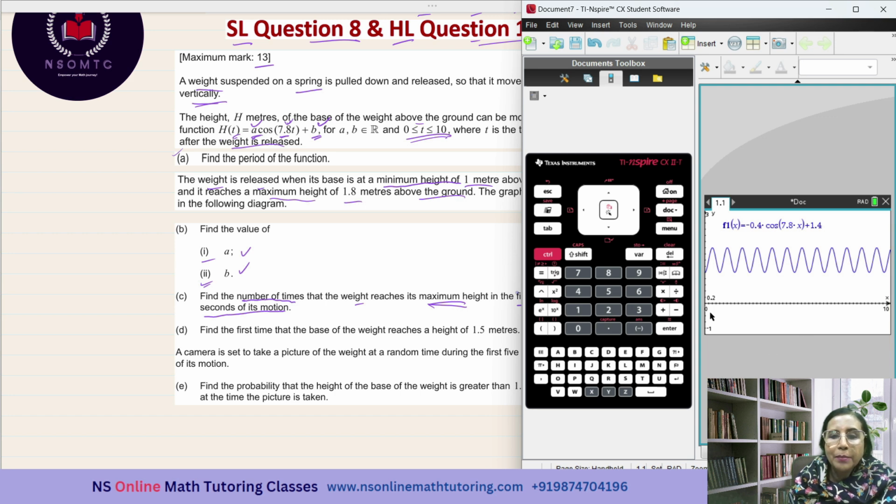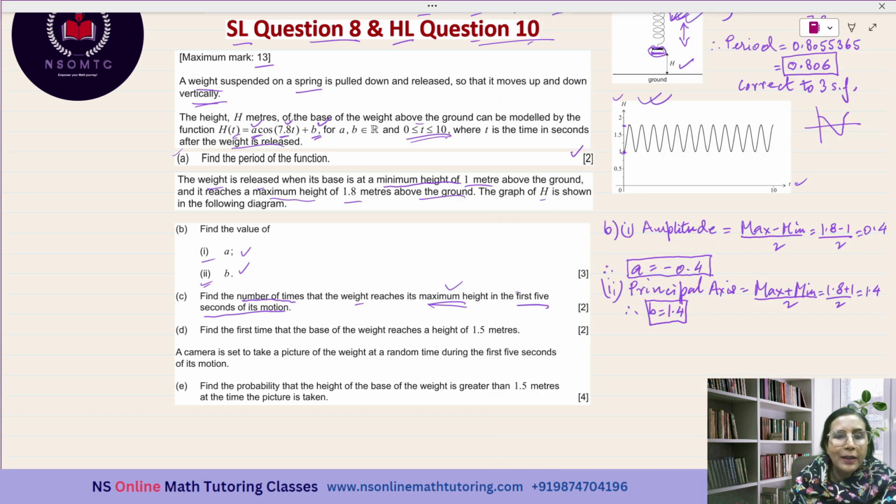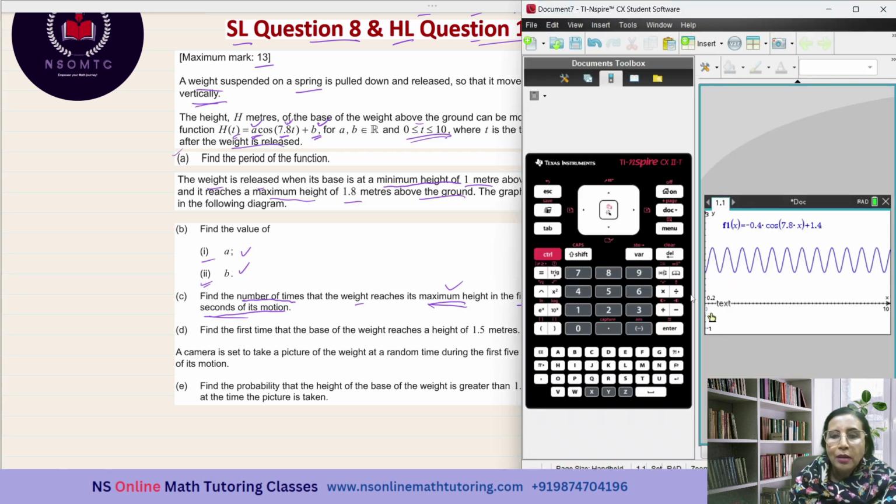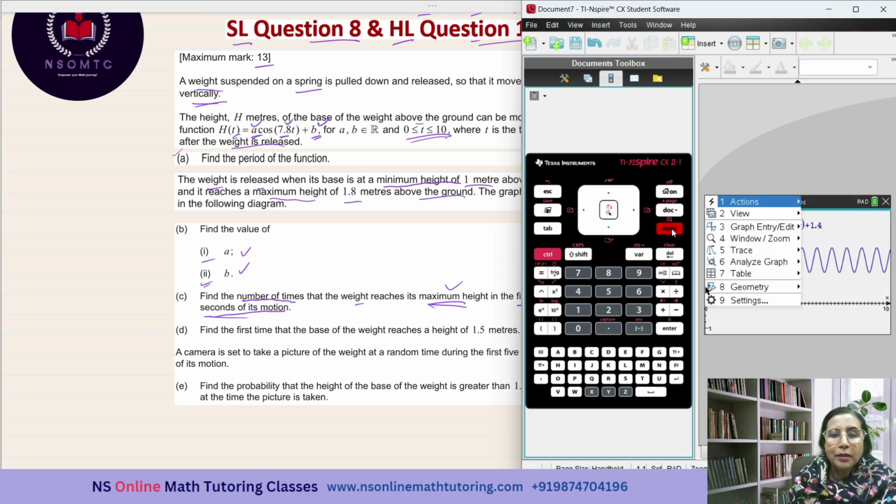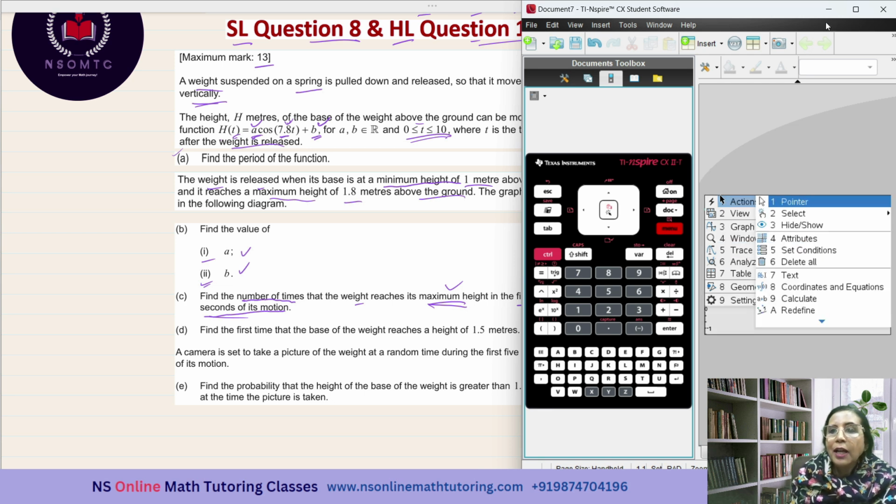They are saying find the number of times the weight reaches the maximum height in the first 5 seconds of its motion. So let us get the maximum points' coordinates so that we know how many times the weight is reaching the maximum height. It is containing how many marks?